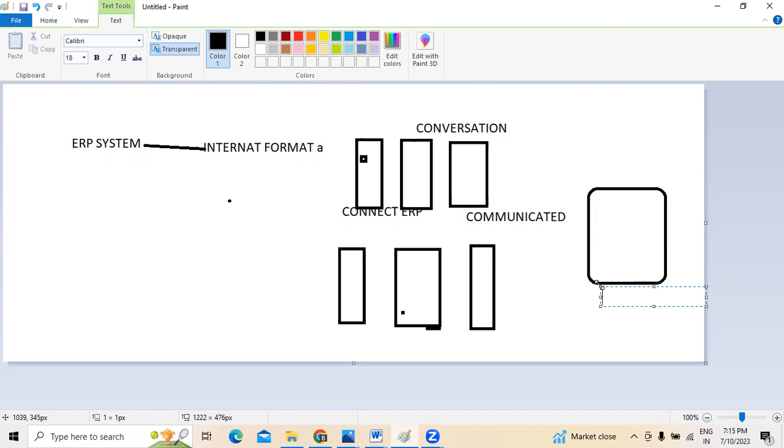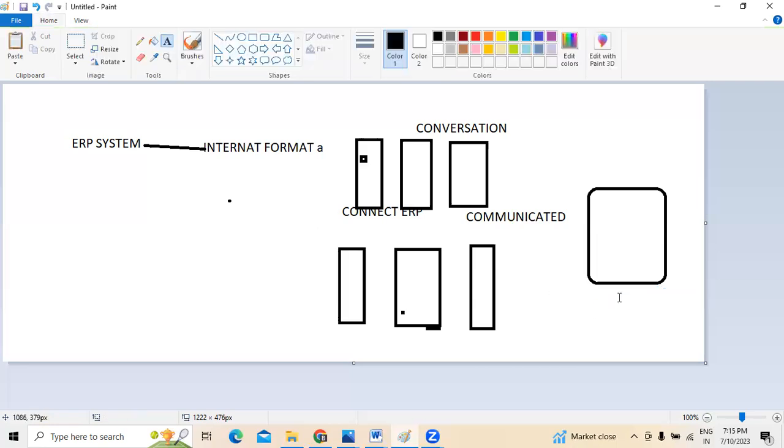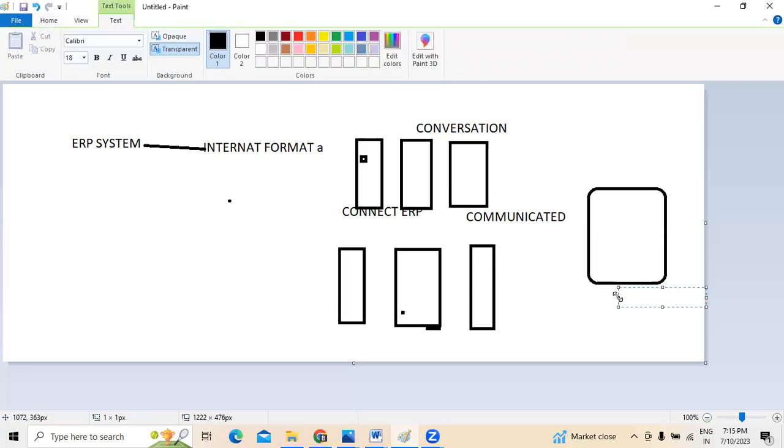Messaging standard, which is called ANSI X12.